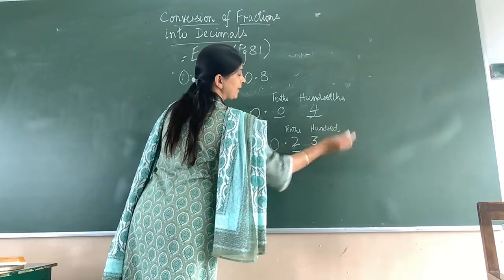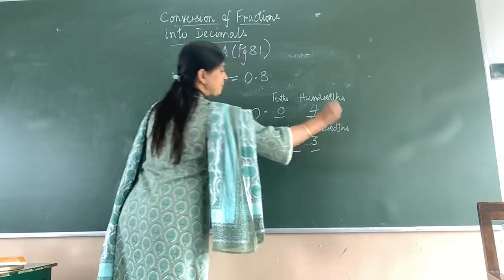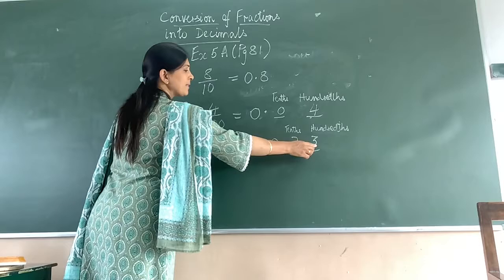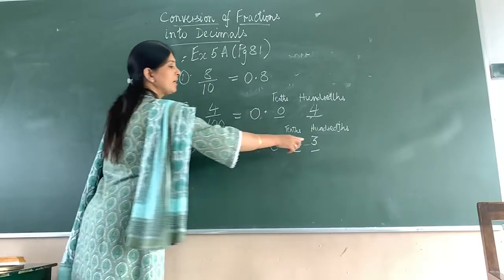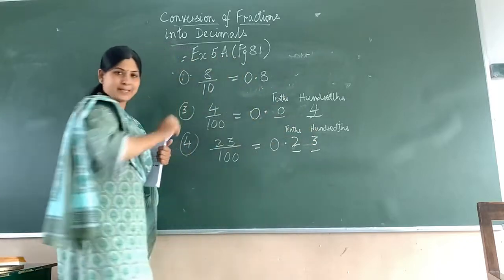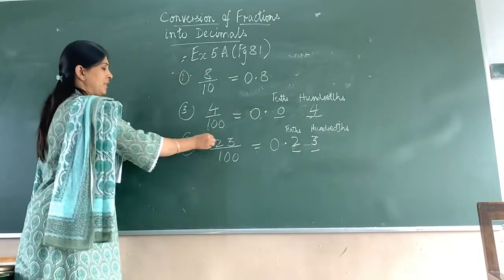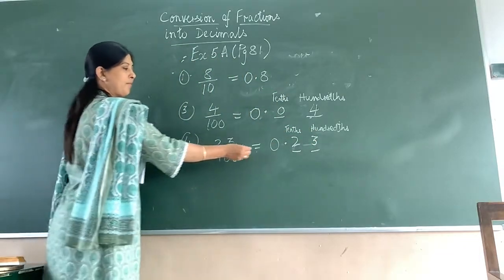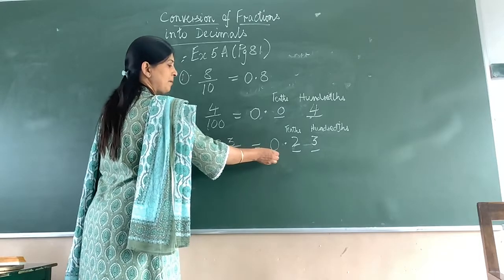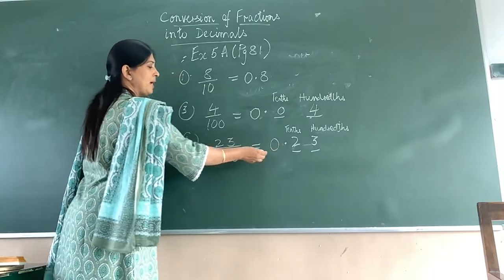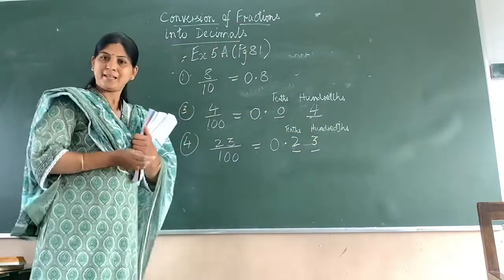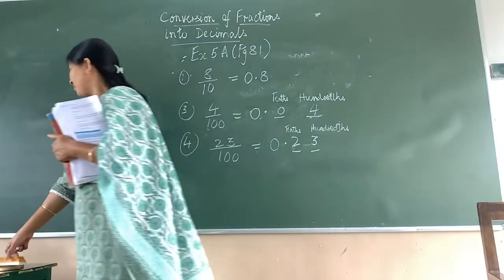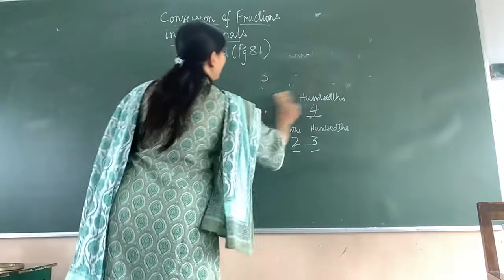See, it is not 100, it is hundredths. So 3 is in which place? Hundredths place. And what is the place value of 3? 3 hundredths. Okay, so 23 over 100 we have written in decimal form now. It can be written as 0.23. Easy, children? Now we'll do few more.